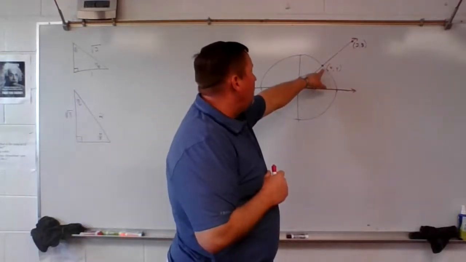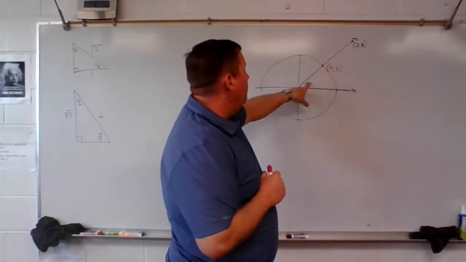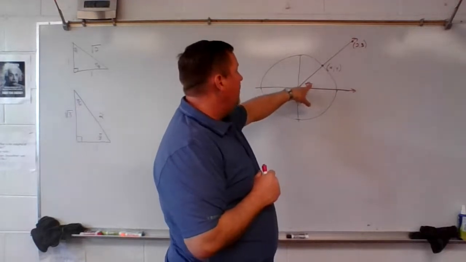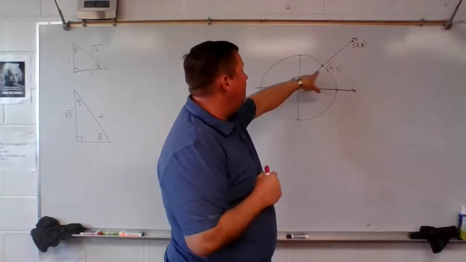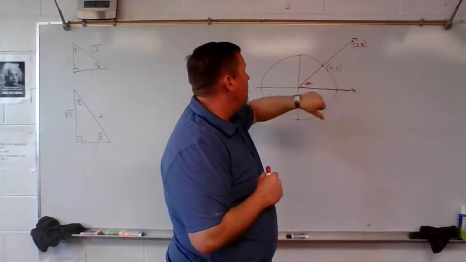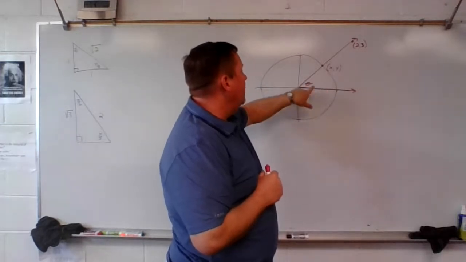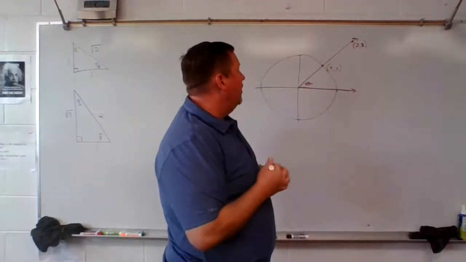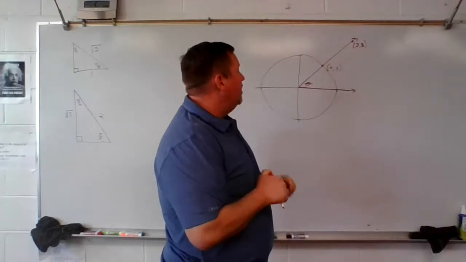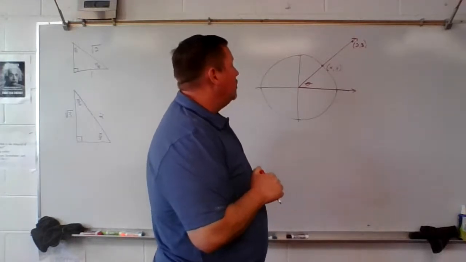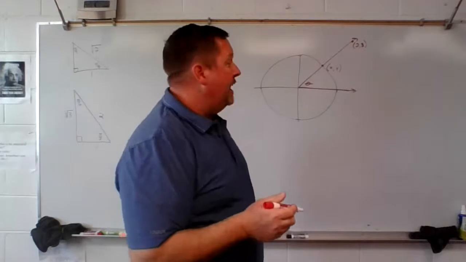I showed you last week how I could prove to you using some right triangles that the x value where this passes through the unit circle is actually the cosine of this angle theta, and the y value is actually the sine of theta.